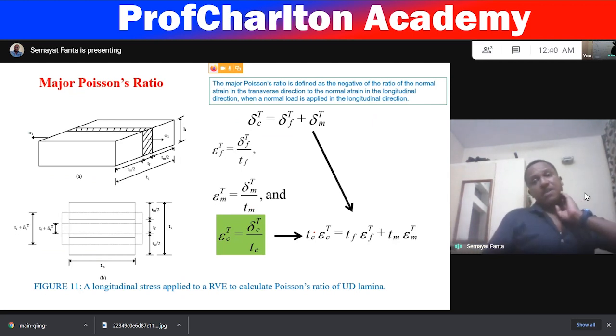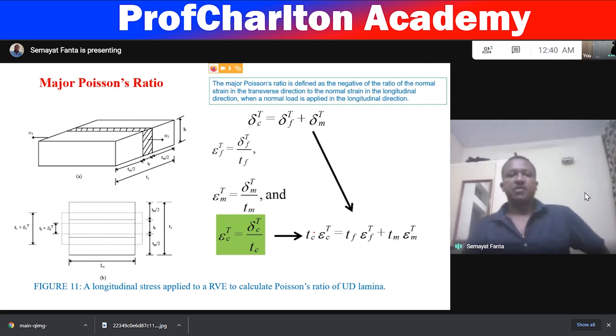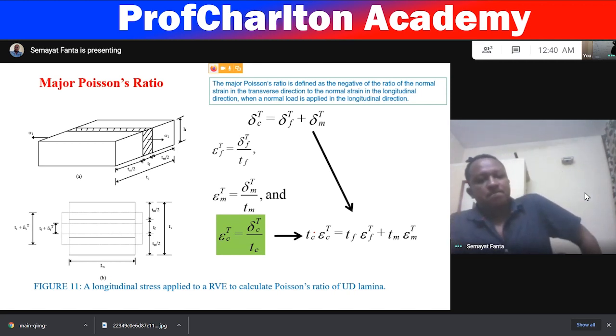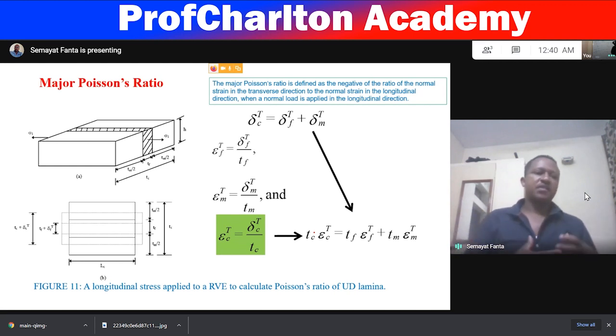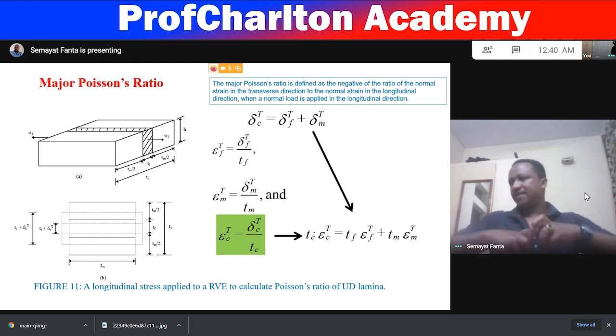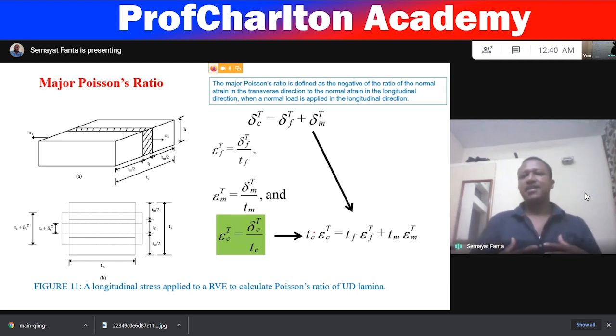The next parameter is the major Poisson ratio. Actually in mechanical loading, when we are applying load in the longitudinal direction, there is an elongation in the longitudinal direction, which is directly related to the compression or contraction in the size in the lateral direction.